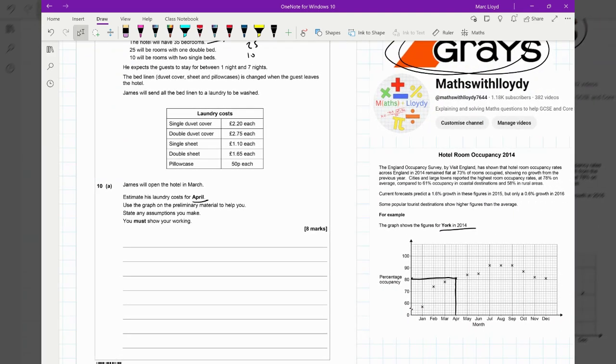So we will assume 81% occupancy, and we're going to assume guests stay 3 nights, and there's a reason for that.